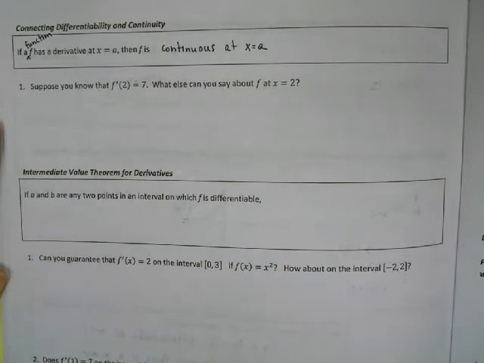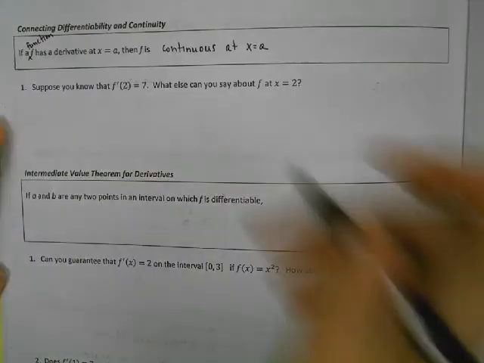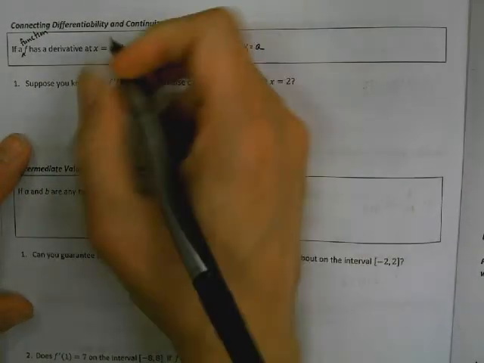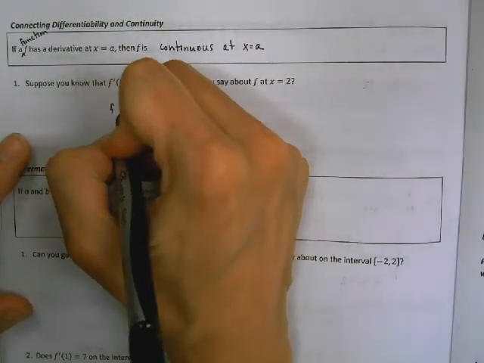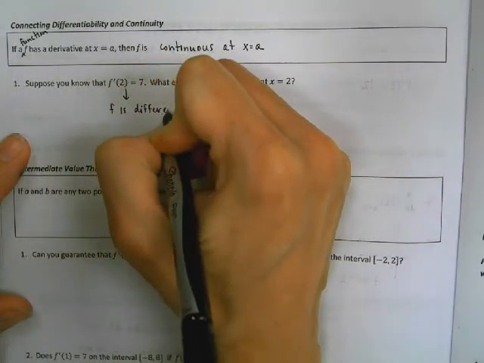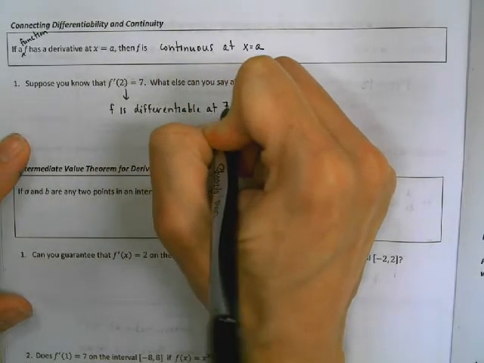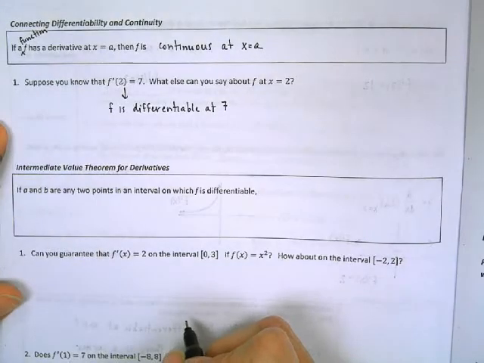So if it has a derivative, if it's differentiable at that point, it also must be continuous at that point. So you may see a question that says something like number 1. Suppose that we know that f prime of 2 equals 7. Okay, so this is implying here that f is differentiable at 2, or that the derivative exists at 2.